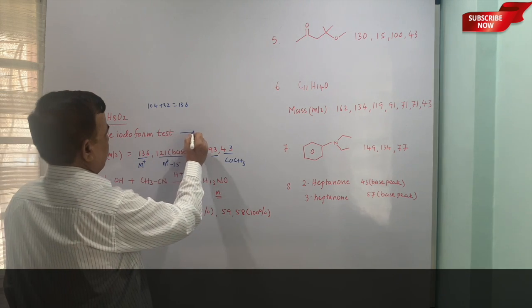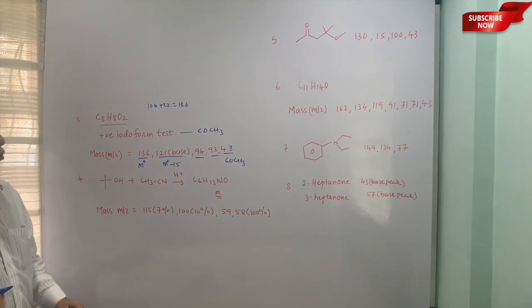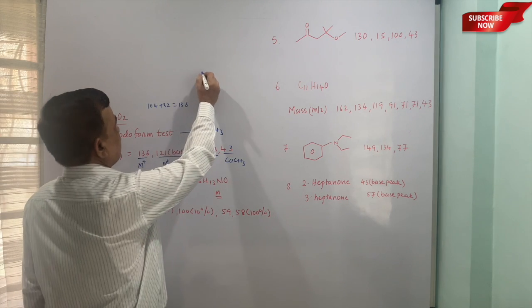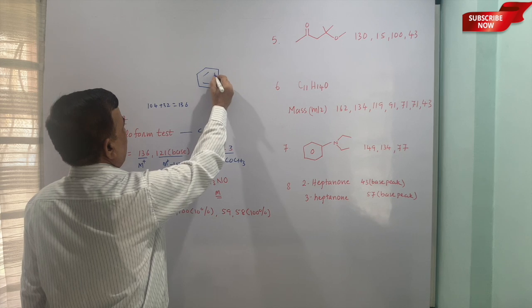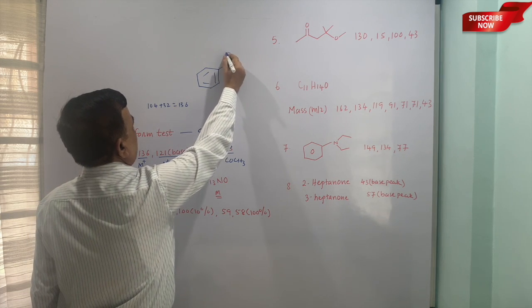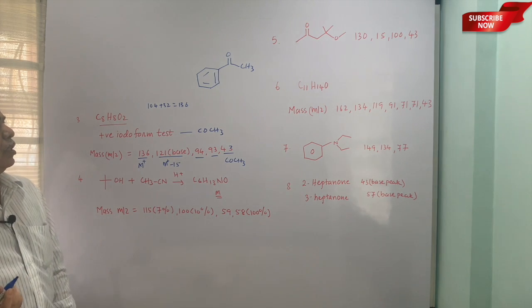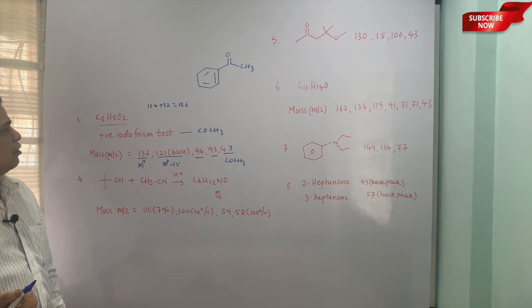Positive iodoform test means the compound must possess COCH3 group. So once you put COCH3 group, your one oxygen is taken care of. I will just draw the partial structure of the molecule. This is partial structure where we are taking care of all 8 carbons and hydrogens.